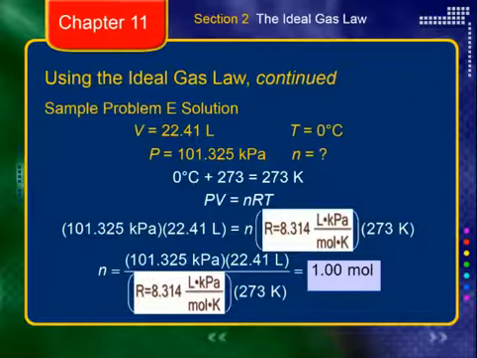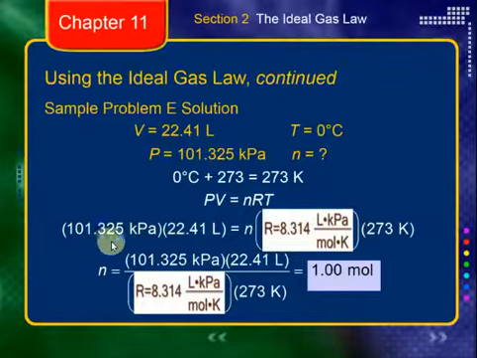Now we can start plugging into our equation PV equals nRT, the ideal gas law. One thing I want to point out here is the problem has given us kilopascals for pressure. So when we go to plug in our R value, we're going to use the 8.314 value because we need to have the kilopascals cancel out.